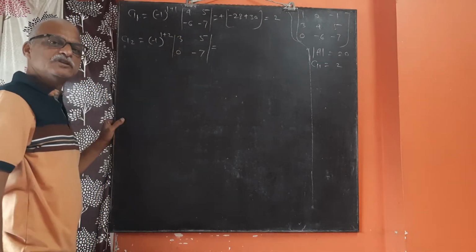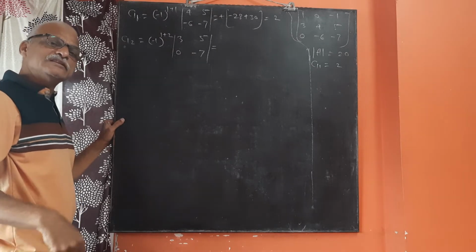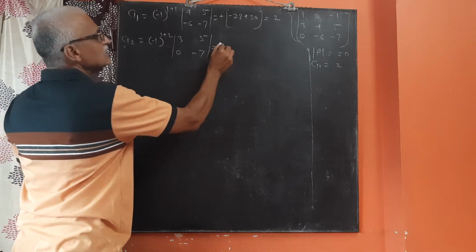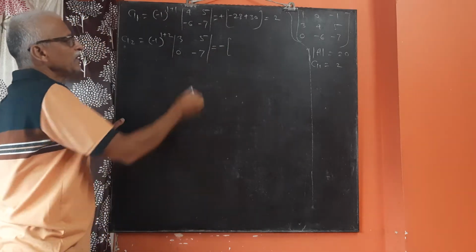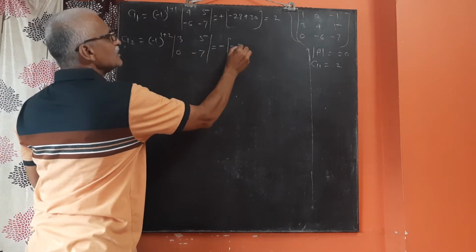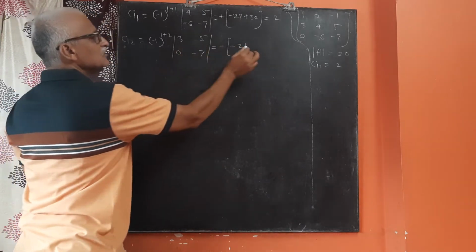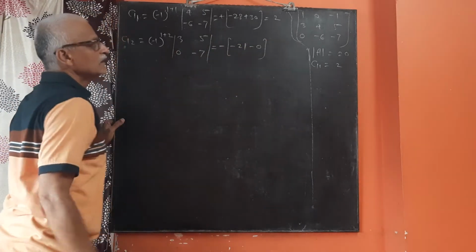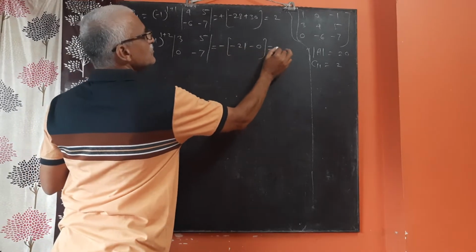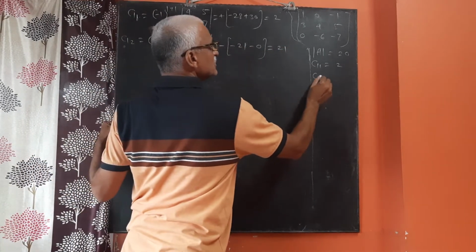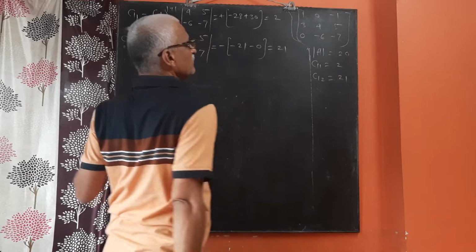So minus 1 raised to 3 is odd, and minus 1 raised to an odd power is minus. So this is negative of, in bracket, 3 into minus 7, that is minus 21, minus 5 into 0 is 0. So minus of minus, that is plus 21. So the value of C12 equals 21.